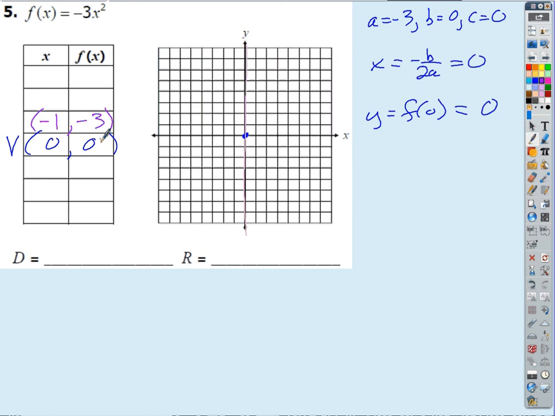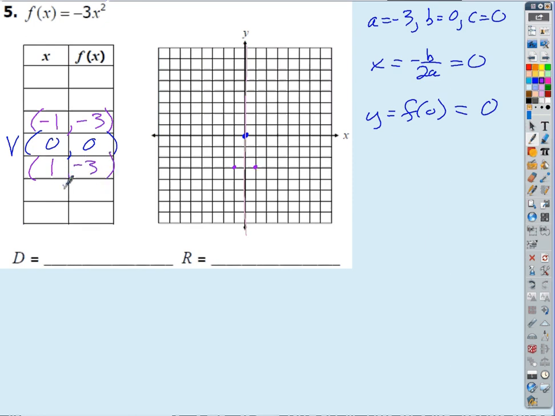So I go back 1 and down 3, so there's a point. Really I get 2 for 1 there, don't I? If I go over 1 to the right, you can already tell by symmetry, what am I going to get for y? Negative 3, right?